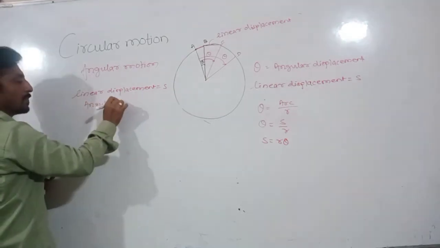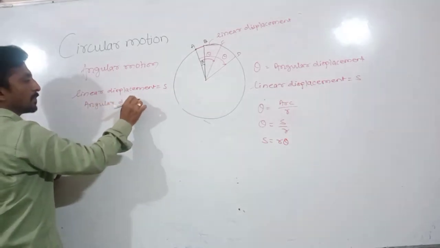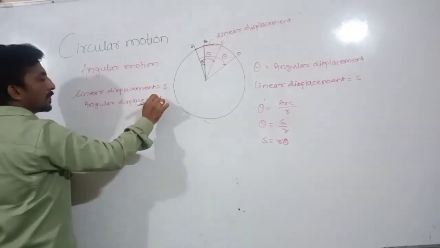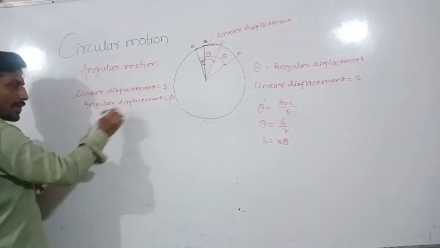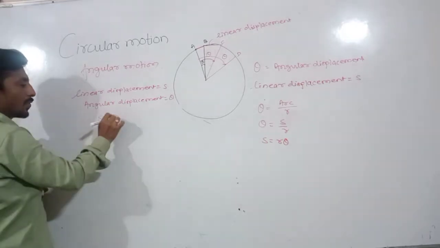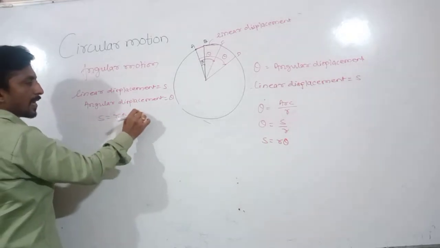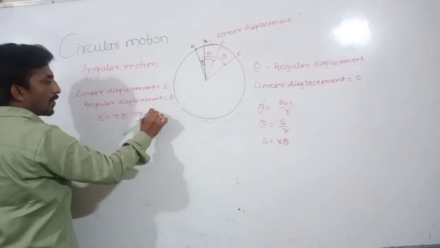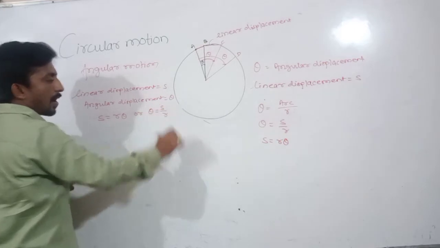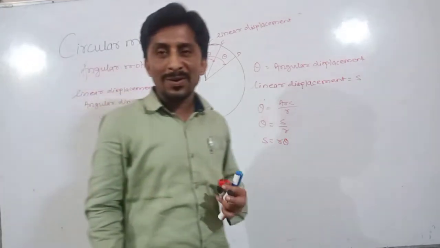Angular displacement is equal to theta. And what is the relation we have got? S is equal to R theta, or you can say that theta is equal to S upon R. This is the relation that we have got.